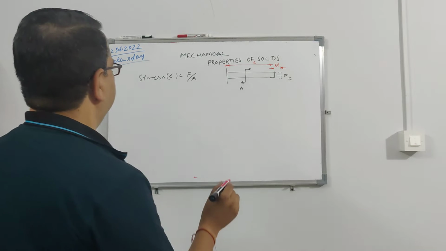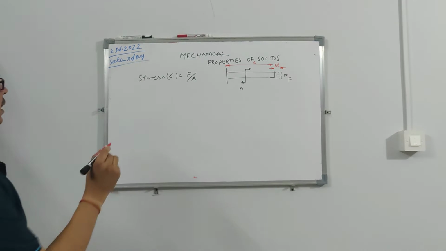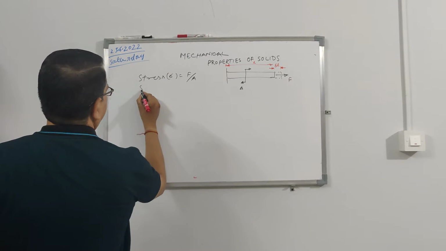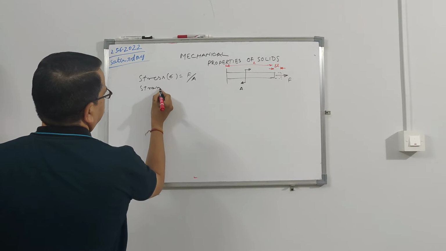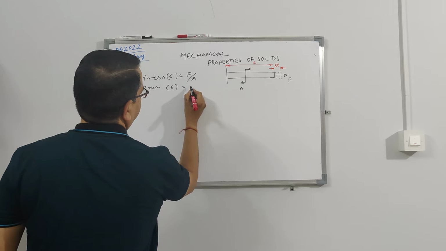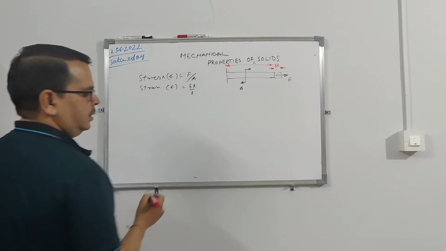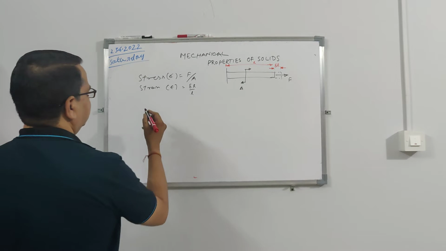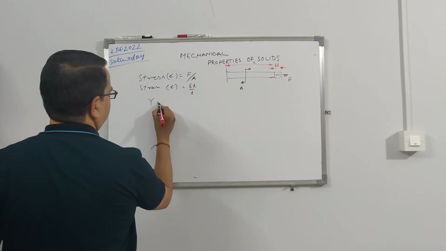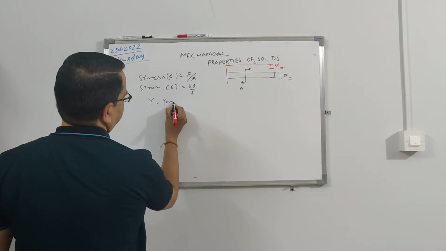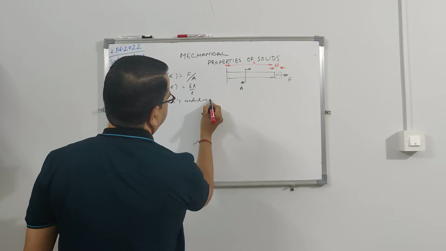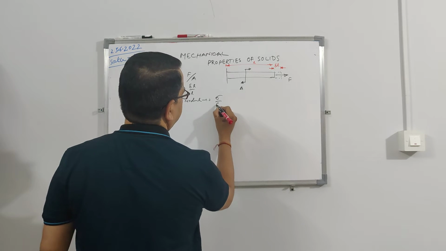Your stress is equal to F by A, and there is something called strain, which is written as epsilon and is equal to delta L by L. Then there is something called Young's modulus, Y, which is equal to stress by strain.